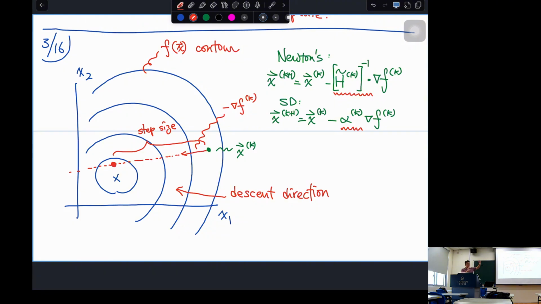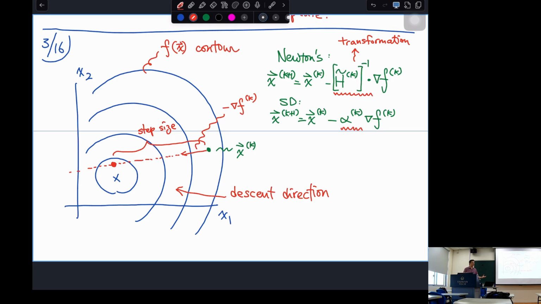Okay? And so what happened to Newton's method? Hessian matrix is a square matrix. After inverse, it is still a square matrix. So when you have a square matrix multiplying a vector, it's a kind of transformation. So it transforms the direction of negative gradient and also changes the length of the vector.